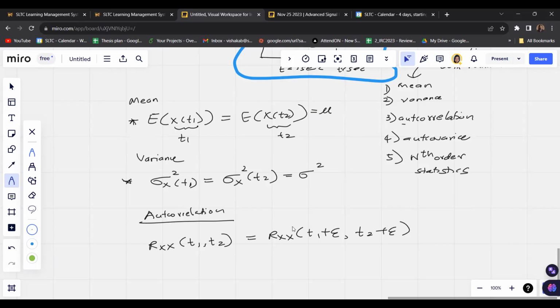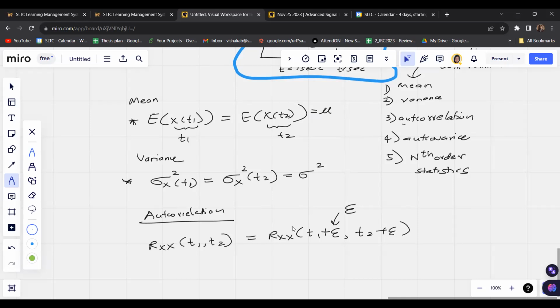In that case, what we can see is that the same time instances are in both these two expressions. The only difference with the time instances considered in this second autocorrelation is that all the time instances have been shifted by a specific time duration of epsilon.